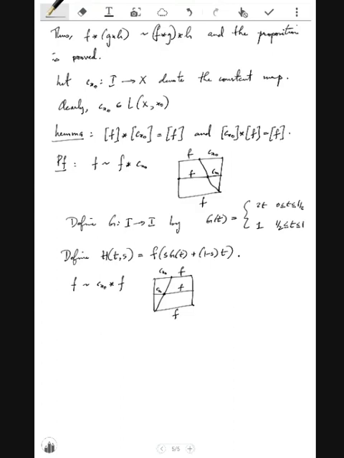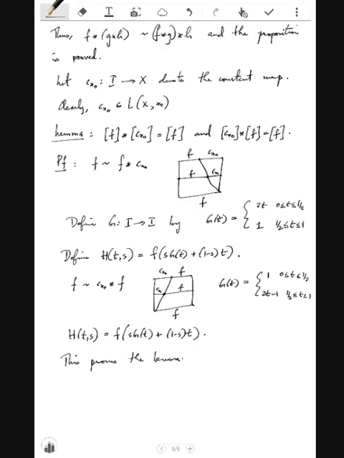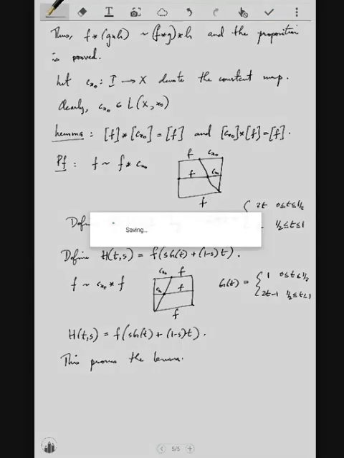So now define... so this completes the proof of the lemma. So that these are homotopies is left as a check to you.